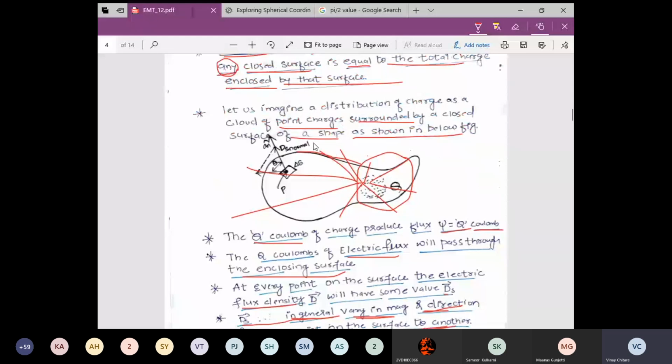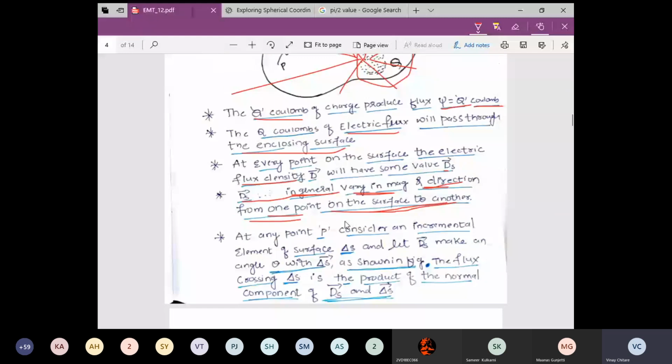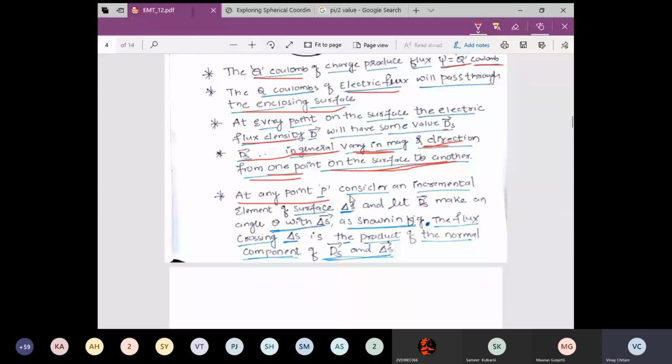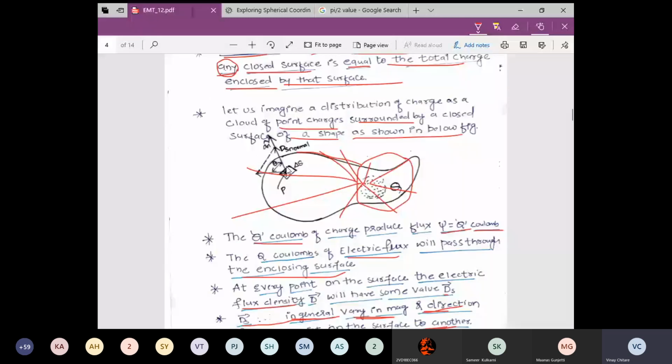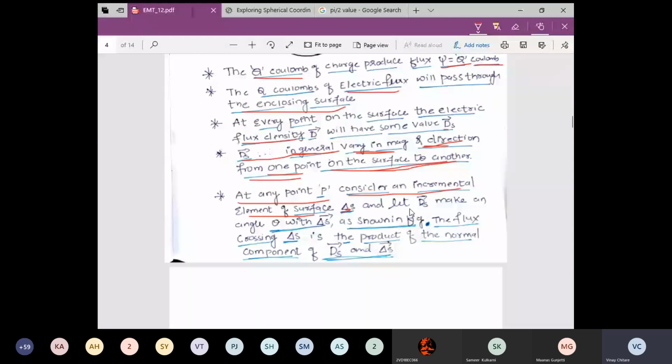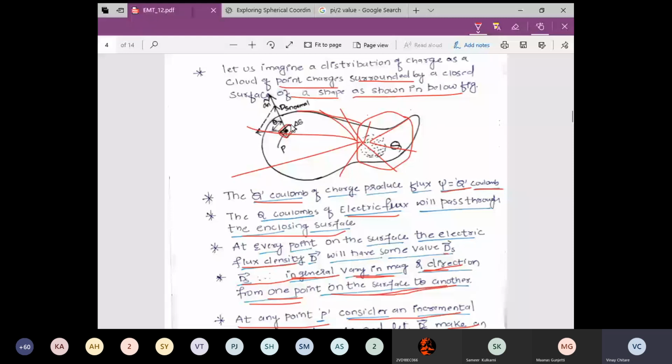In order to do that, at any point P, let us consider an incremental element of surface delta S. We consider a small incremental area, and let D make an angle theta with delta S. We know that we can define area as a vector, as we discussed in the concept of differential elements in the coordinate system.